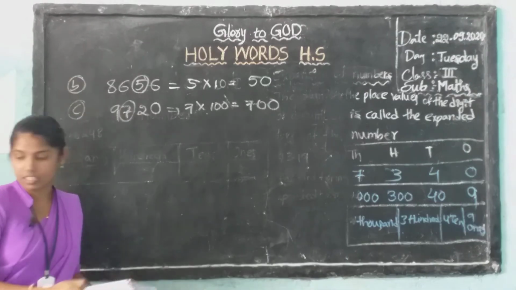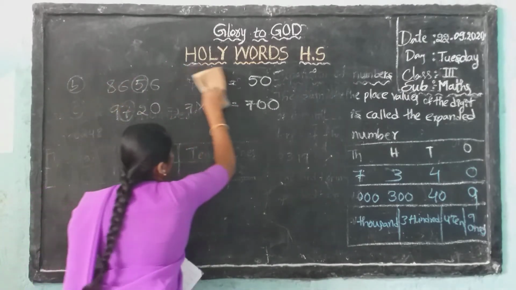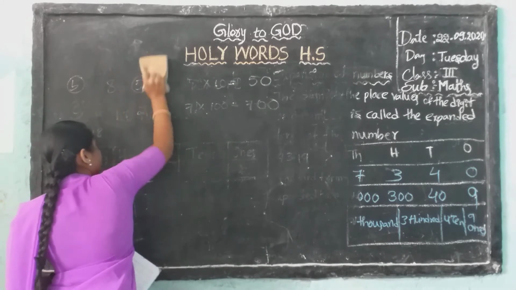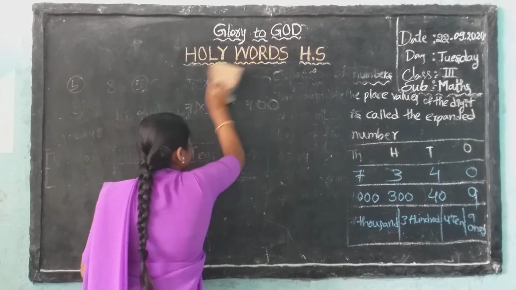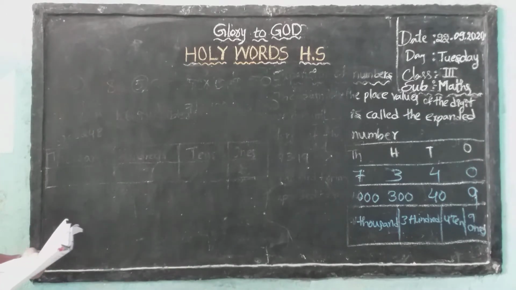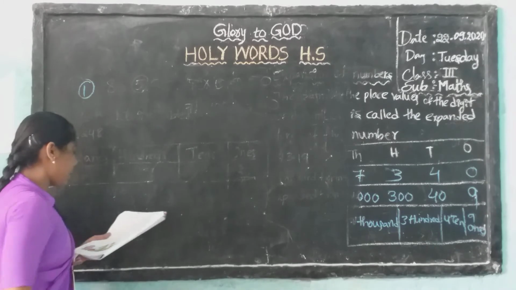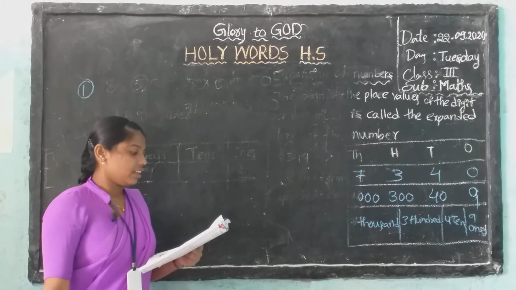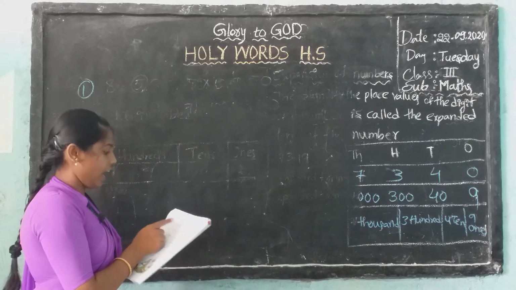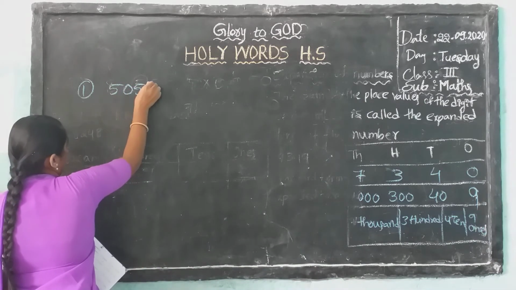Next bit. Turn the page, page number 62. Write the expanded form. 3322 is already done for you. Next, B problem, 5050.